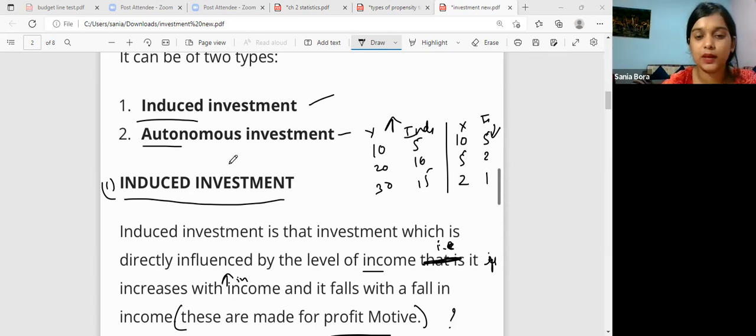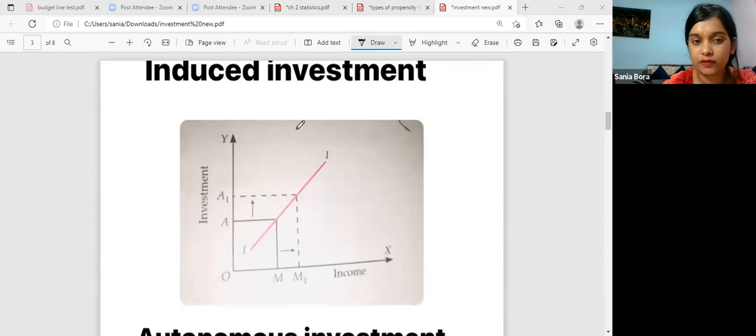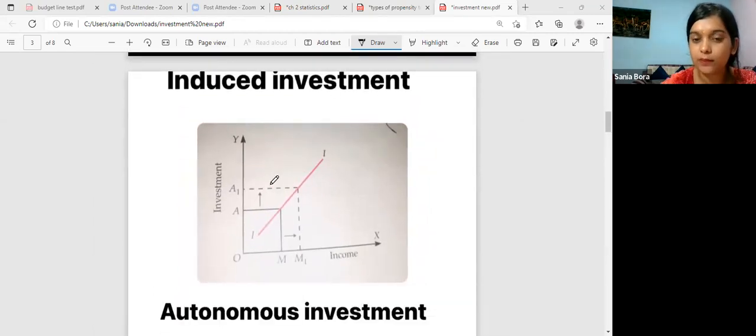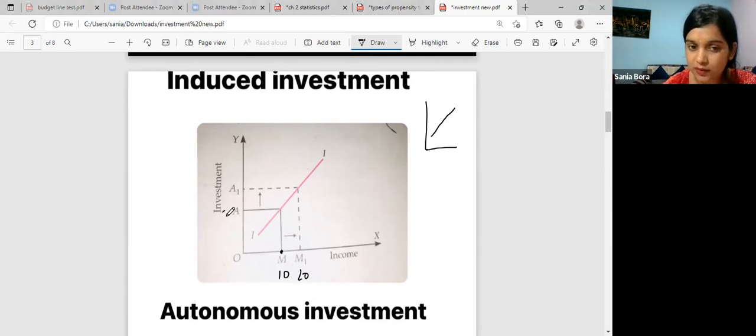Okay. Now you are going to draw the graph of induced investment. So this is your graph of induced investment. You can see your graph goes like this. Here, this is your income. When your income was, for example, 10, this is 20; for example, this is 5, this is 10. So when your income was 10, at that moment your investment was also 10, right? But as your income increased, it became 20, and at that moment your investment also increased.